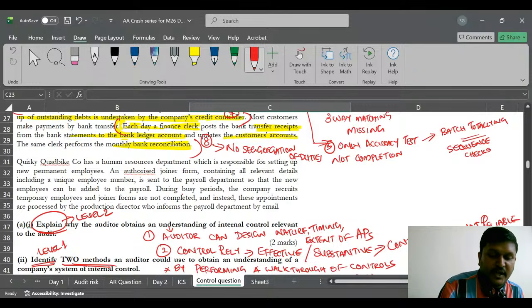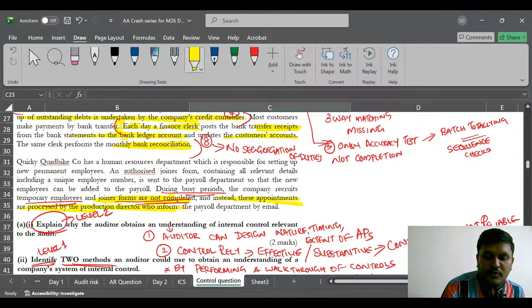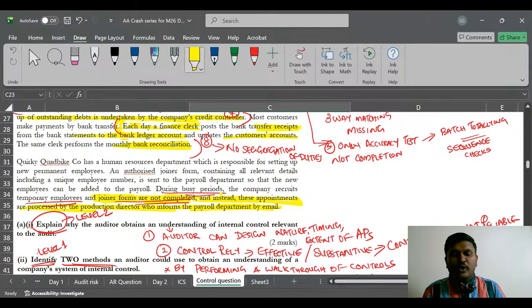During the busy periods, the company recruits temporary employees and joiner forms are not completed. And instead these appointments are processed by the production director who informs the payroll department by email. So no joiner forms are completed, no unique IDs will be created for them, which will create chances of bogus employees.